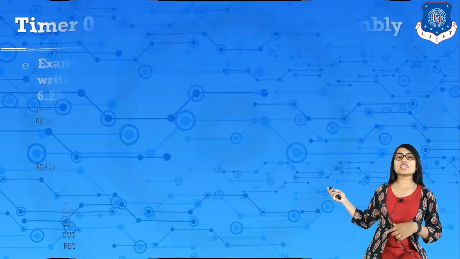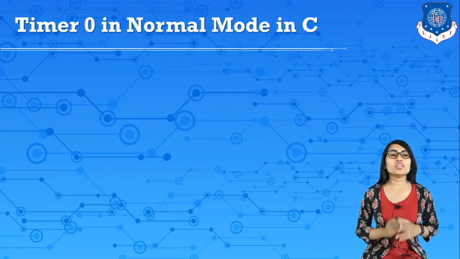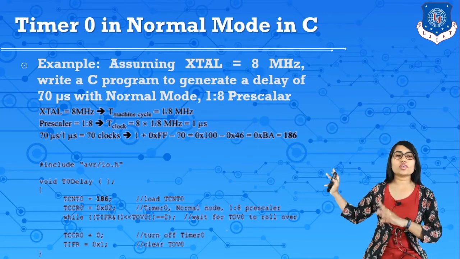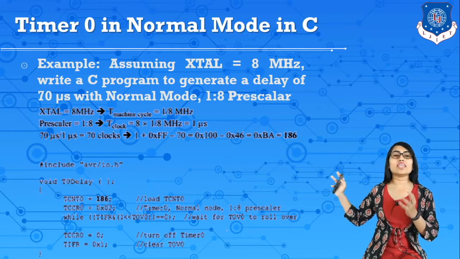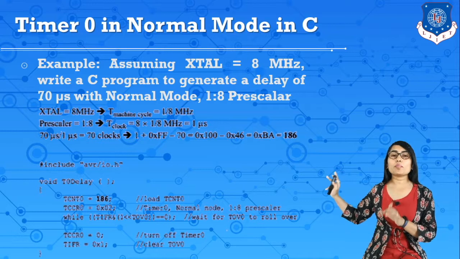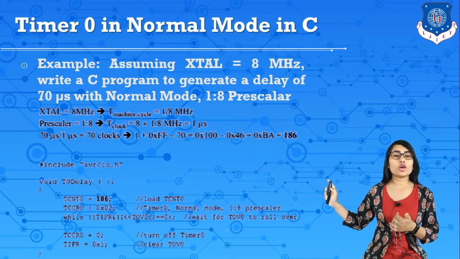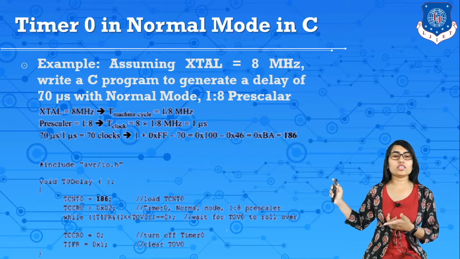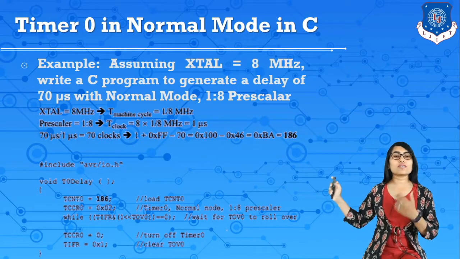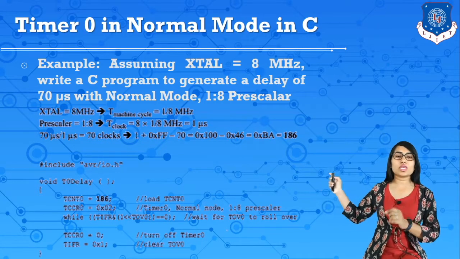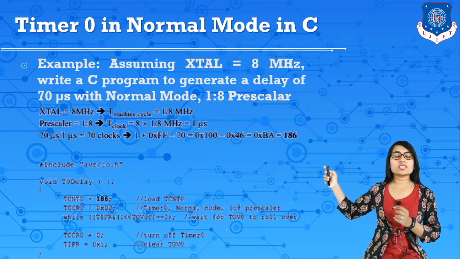Now let's discuss normal mode operation in C. C programming is very easy. Assuming a clock frequency, write a C program to generate a delay of 70 milliseconds with normal mode and 1:8 prescaler. For normal mode and 1:8 prescaler we have to calculate the value of TCCR0, and for 70 milliseconds we have to calculate the value of TCNT0. The clock is 8 megahertz, so our T clock is equal to 1/8.